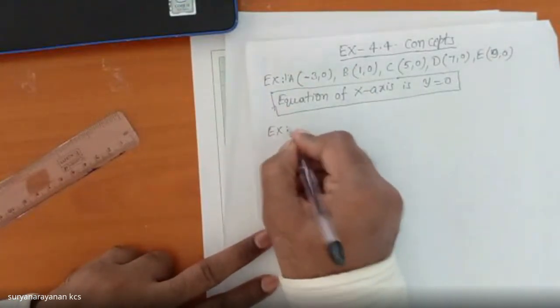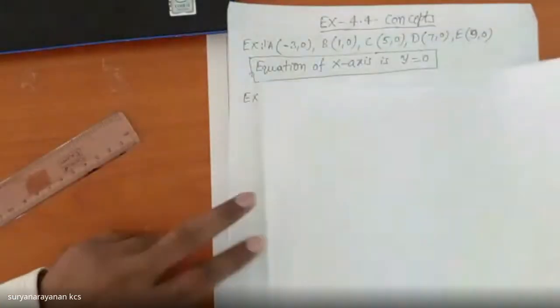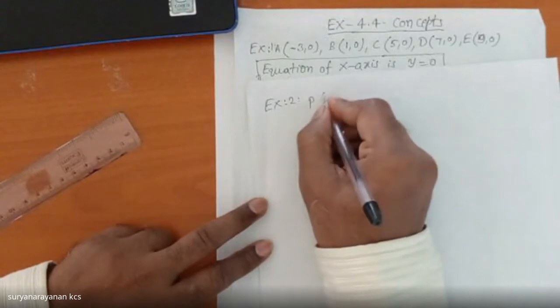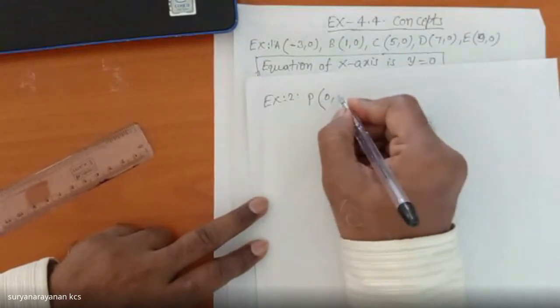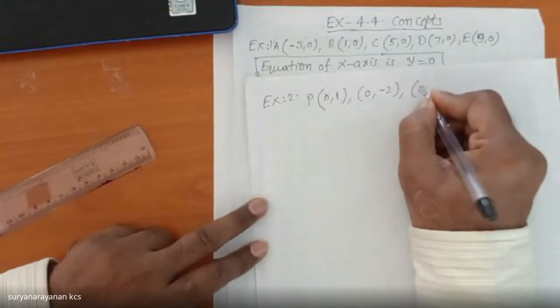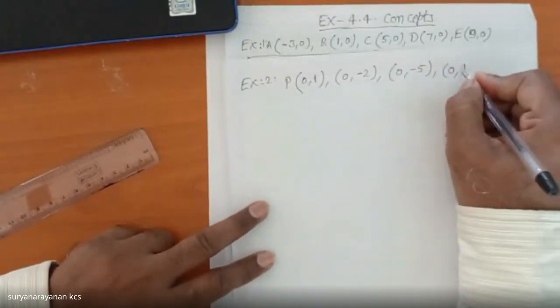Similarly, let us take another example. Sir, we must plot it in the same graph or different graph, sir? Let us plot in a separate graph sheet. Okay, see example 2. P is equal to ordered pair 0 comma 1, 0 comma minus 2, 0 comma minus 5, 0 comma 4.